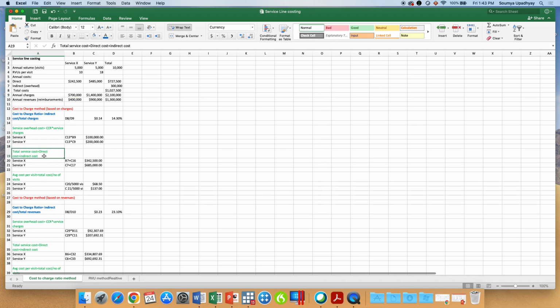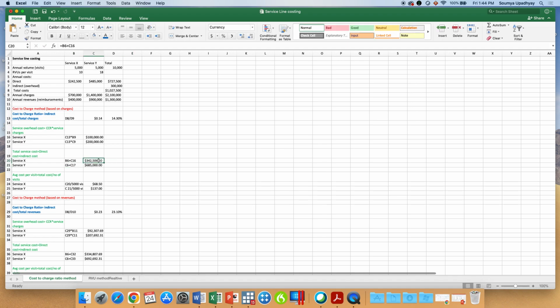Now the total service cost is equal to direct cost plus indirect cost. So service X equals B6 plus C16, and this is also C6 plus C16.